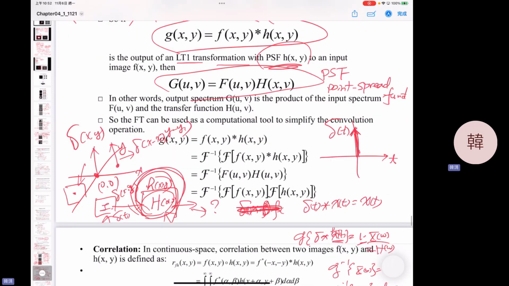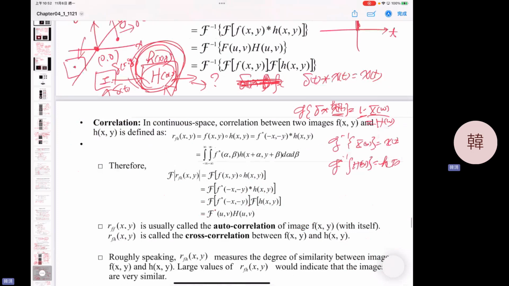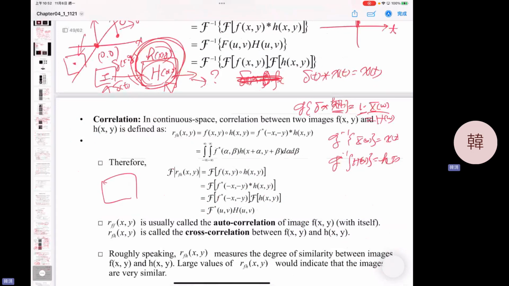Because convolution is commutative, if this is a delta here, then for any signal the output will be itself, the same. Signal convolved with a delta becomes itself, or everything convolved with delta becomes itself.